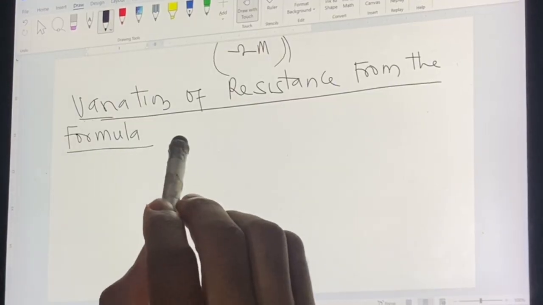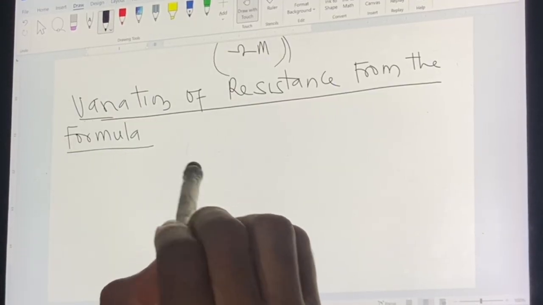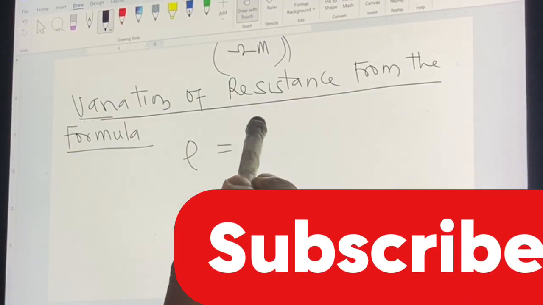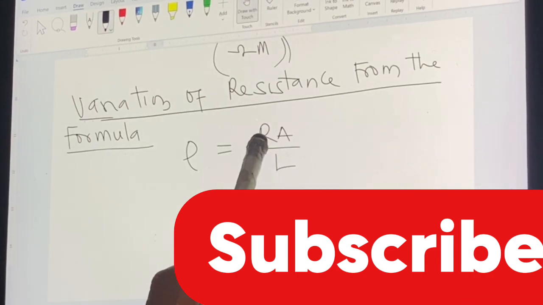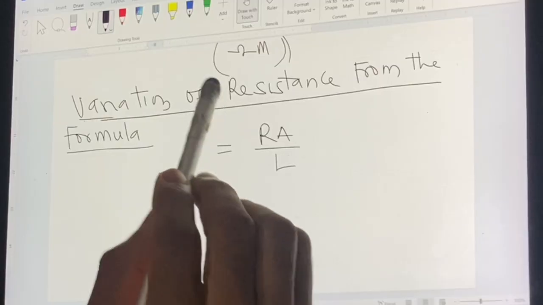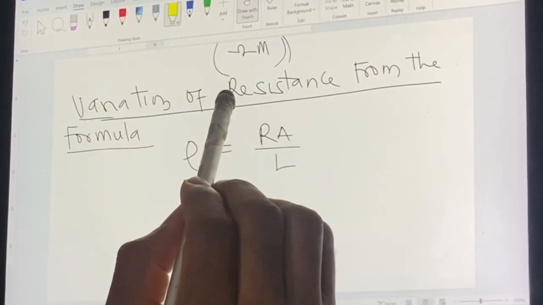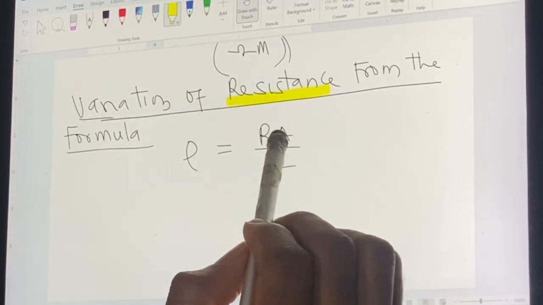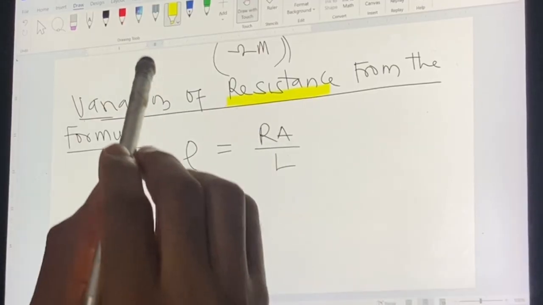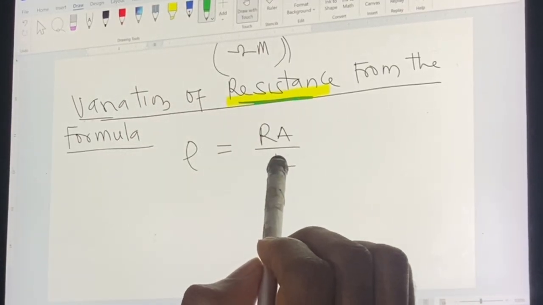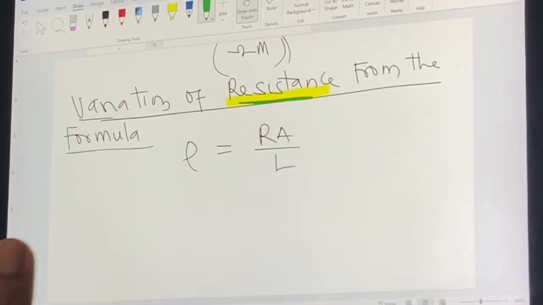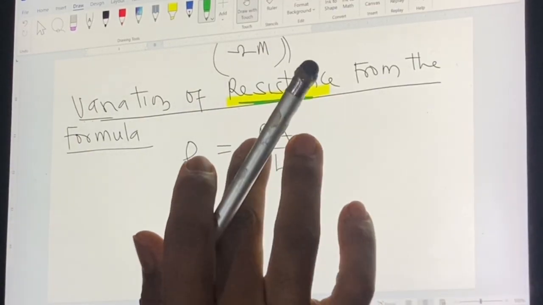From the formula here, resistivity rho is equal to RA over L. If you are looking into the variation of area, we have to make area the subject. If you are looking into the variation of length, we have to make length the subject. But our intention here is to look into the variation of resistance, so let's make resistance the subject.